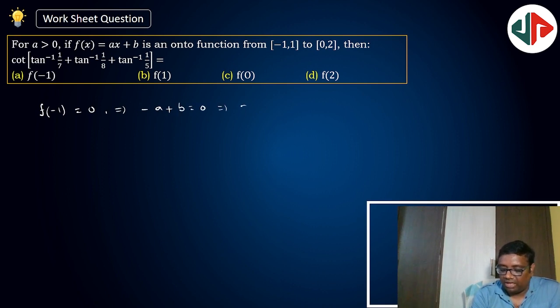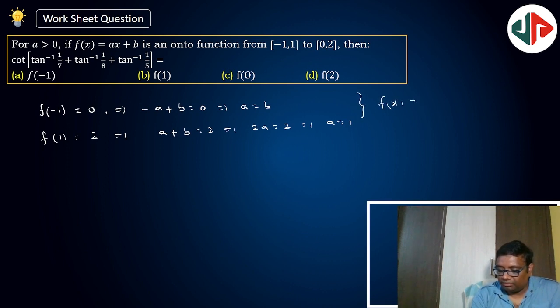So a is equal to b. And f of 1 is equal to 2, so a plus b is equal to 2. So 2a is equal to 2, so a is equal to 1. So what is our f of x here? x plus 1. Keep this aside.